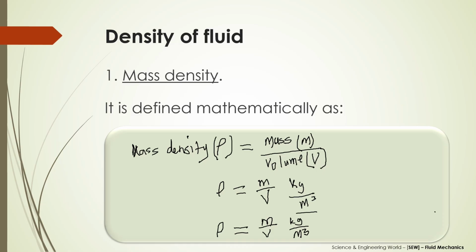So this is the definition for density, mass density, and let's give it a number, because it's one of the significant values we need in mechanical principles. So we just denote it with a 1, because we'll be using this as we go on.